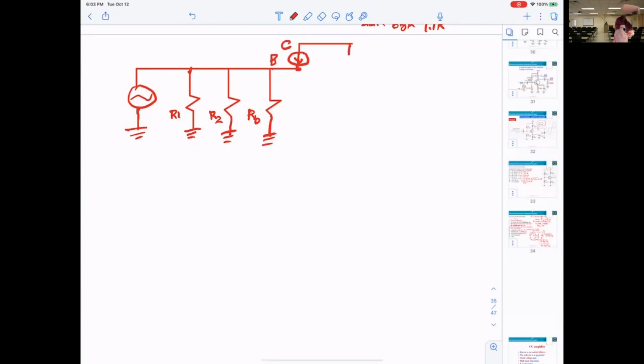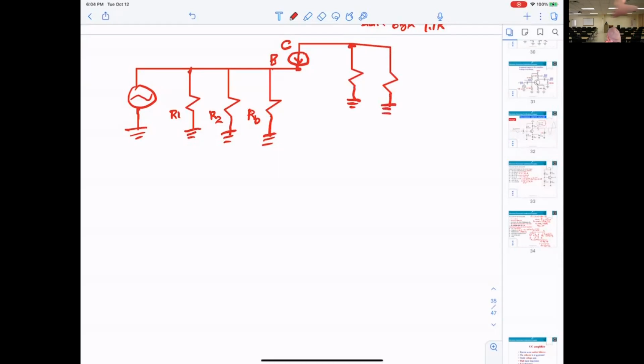And now in the collector, one resistor, second resistor.